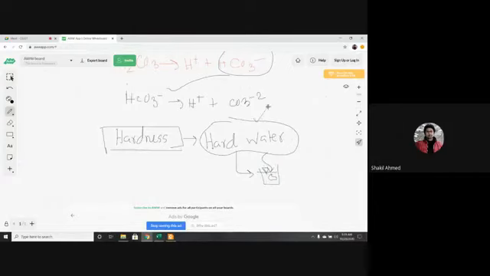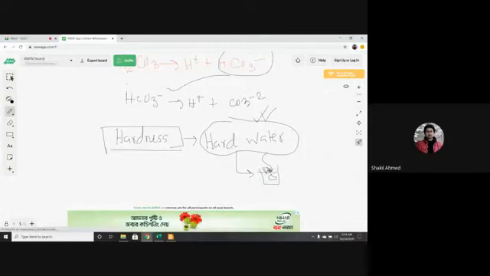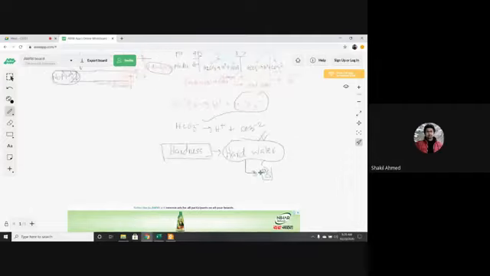That means this water is not suitable to wash with soap and detergent. That's why this is hard water. Simple. Why hard water? Because this is difficult to wash with soap and detergent. Clear?